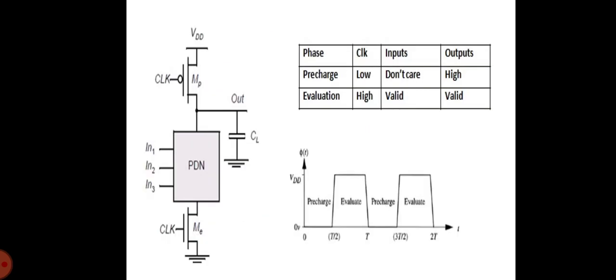This diagram and table show the two phases of dynamic logic, called pre-charge and evaluation. In pre-charge mode, the clock signal will be low, that is, clock equals 0. In evaluation mode, the clock will be high.